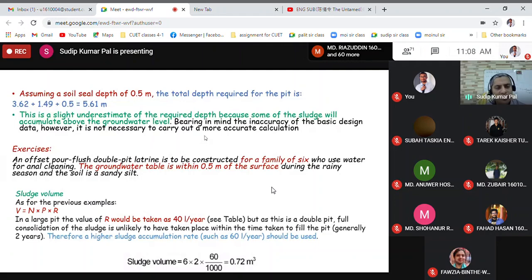This means you clean your toilet with water, and also use water for anal cleansing. The groundwater table is within 0.5 meter of the surface during the rainy season, and the soil is sandy. So a little more information is given here. Could you please do your calculation?